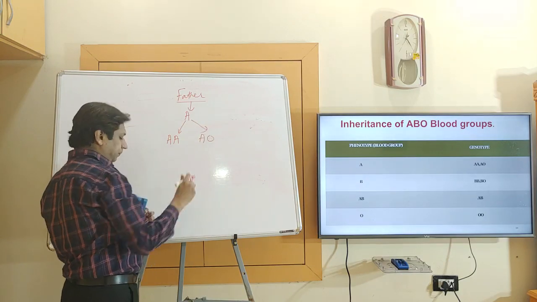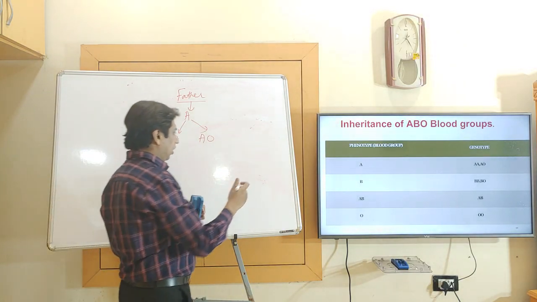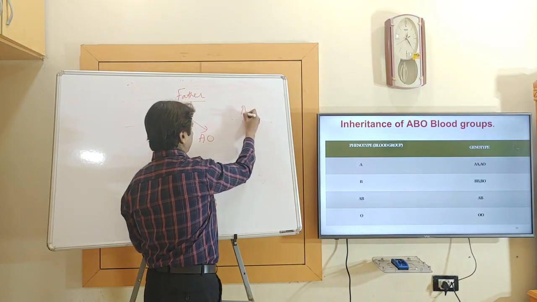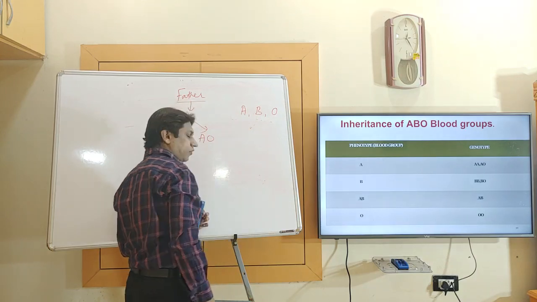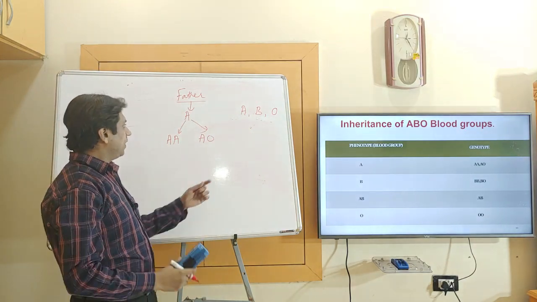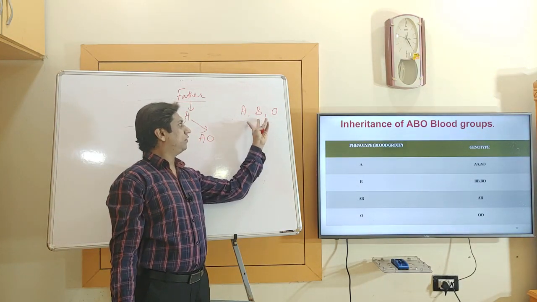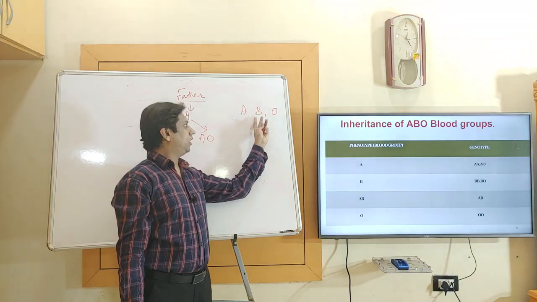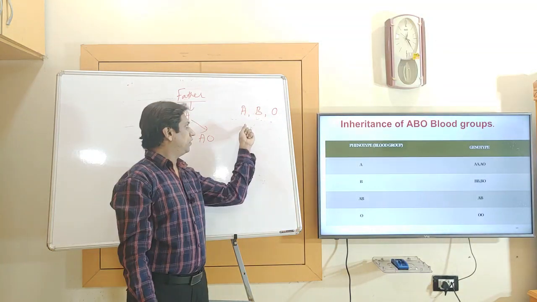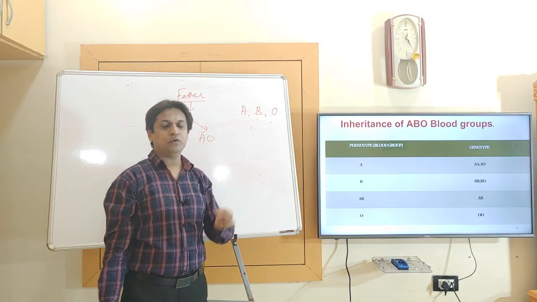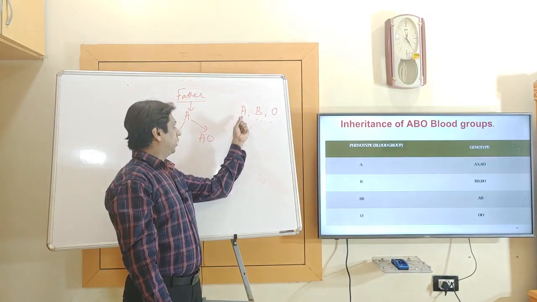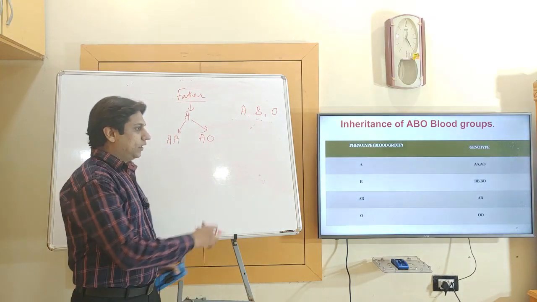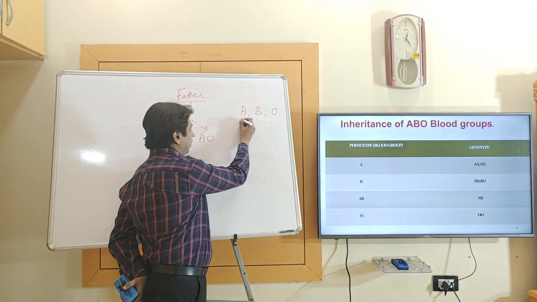There are three genes: A gene, B gene and O gene. A parent can transmit any one of these three genes, A, B or O, to their offspring. Then there are six possible genotypes.